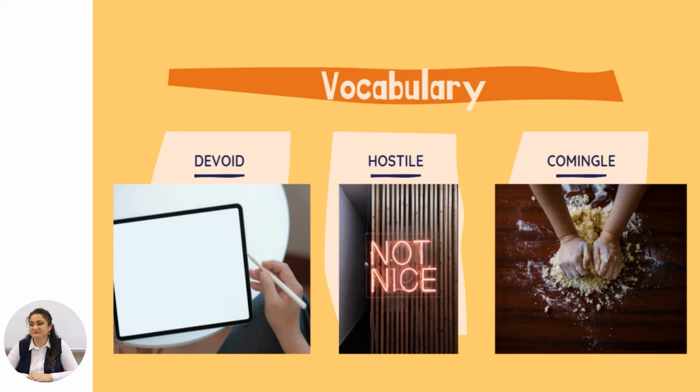The next word: hostile. Hostile means unfriendly. So if somebody doesn't want to communicate with you or doesn't want to be friends with you, he or she is hostile. The next word is commingle.